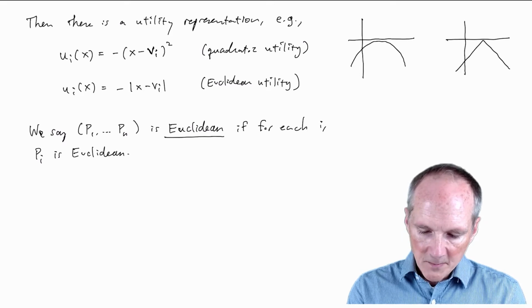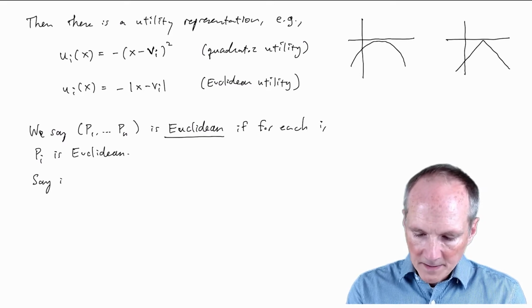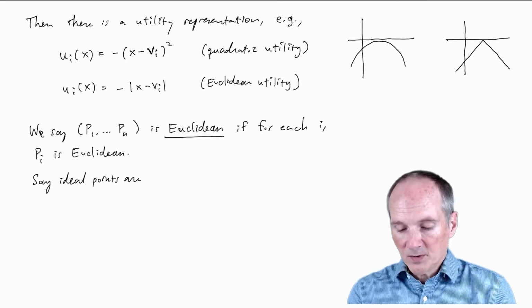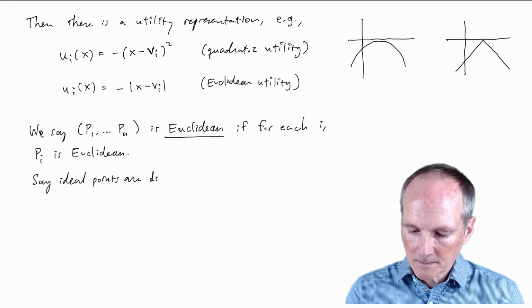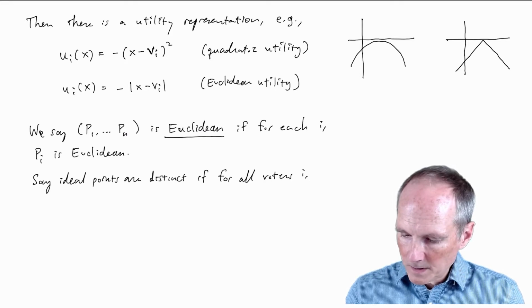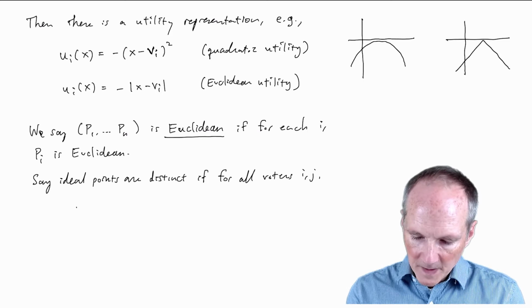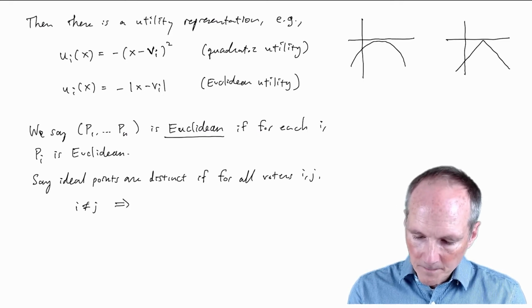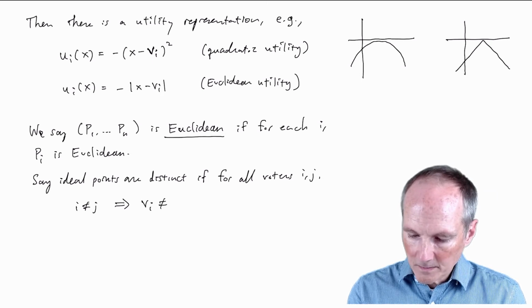All right, and given a Euclidean profile, we'll say the ideal points are distinct if for all voters i and j, if i and j are different voters, then their ideal points are different.